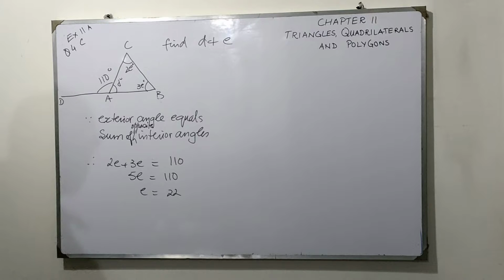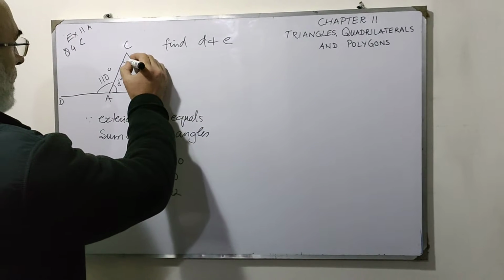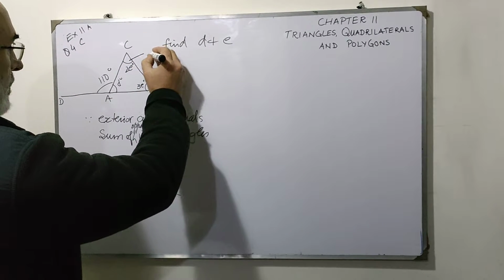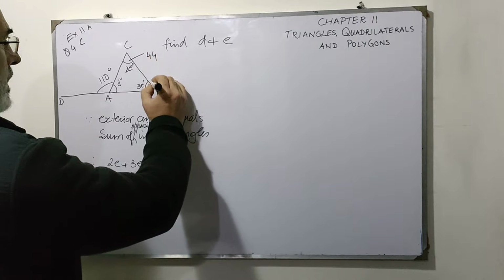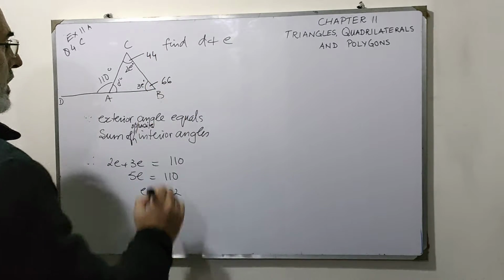So if E is 22, this means that this is 44 and this is 66.